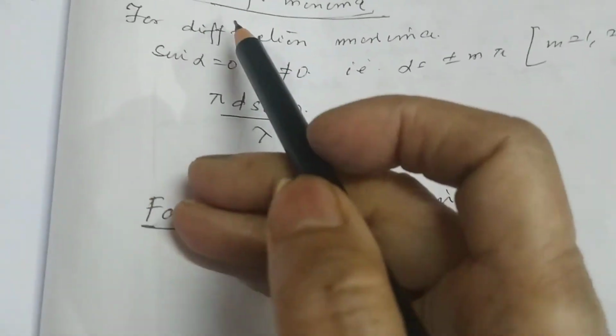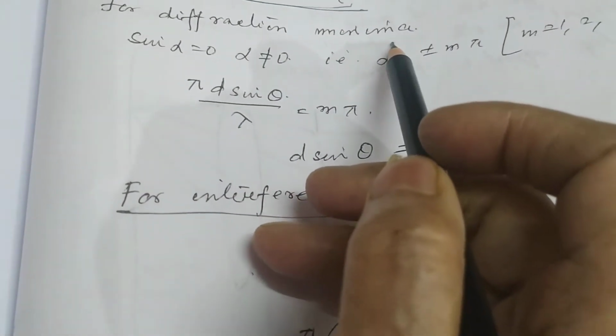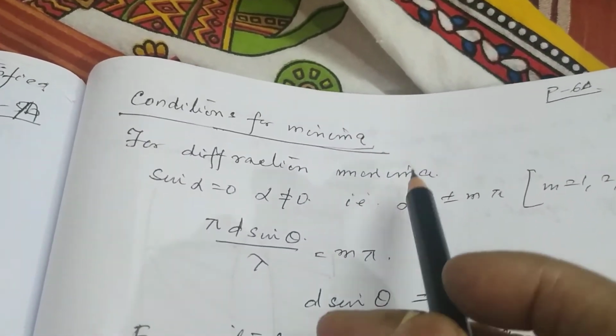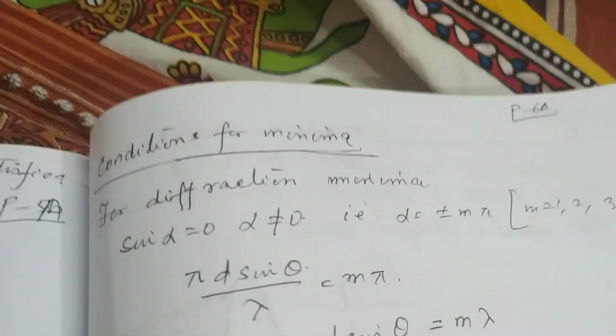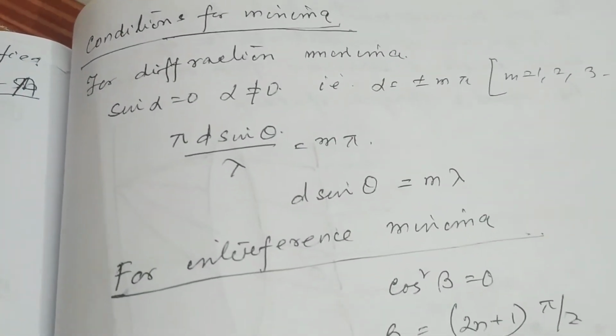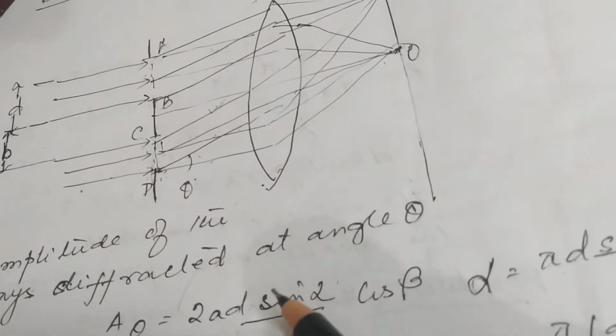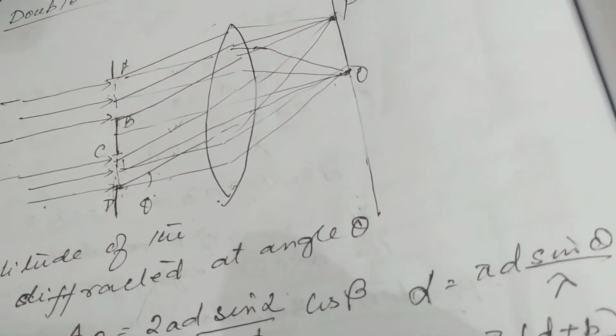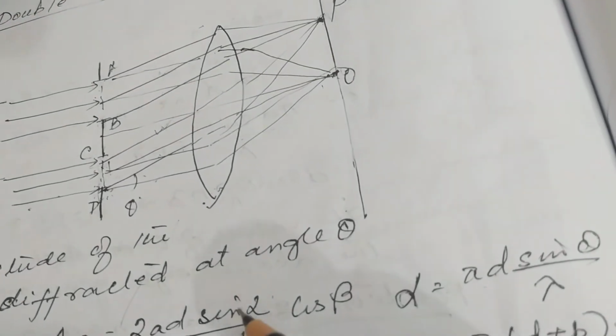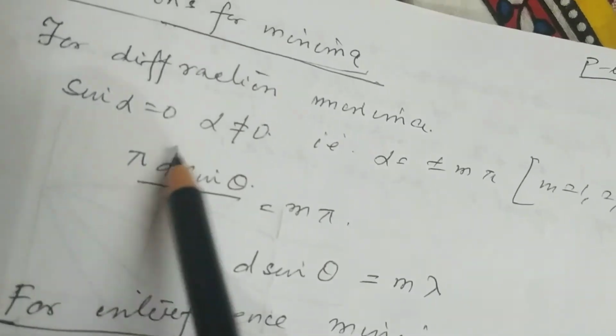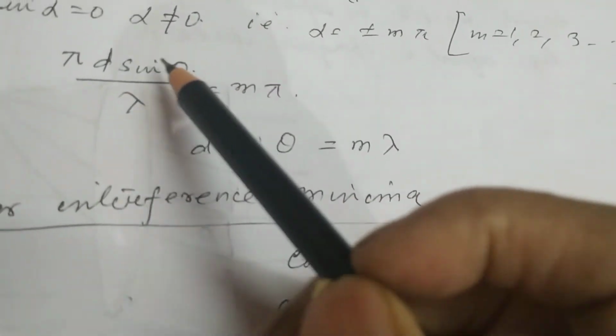Now for the condition for minima, let us consider the diffraction minima. Diffraction minima means when this term will be 0, that means sin alpha is 0 but alpha is not equal to 0. That we have already seen. That is the condition for diffraction minima.